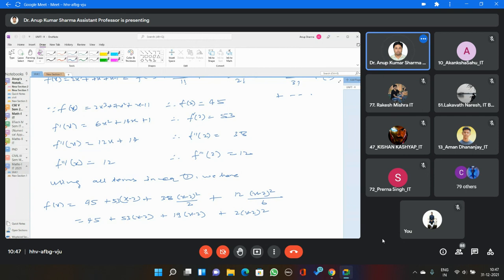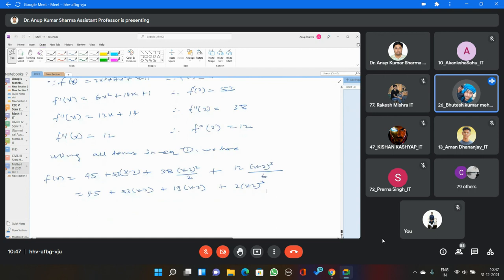Sorry, cube, not square. This one, cube. So the 19 (x minus 2) square, but this is 38 divided by 2.